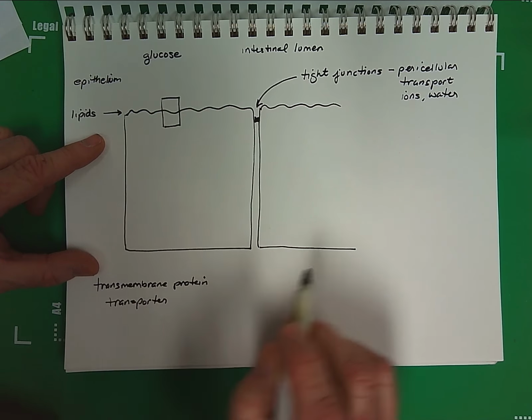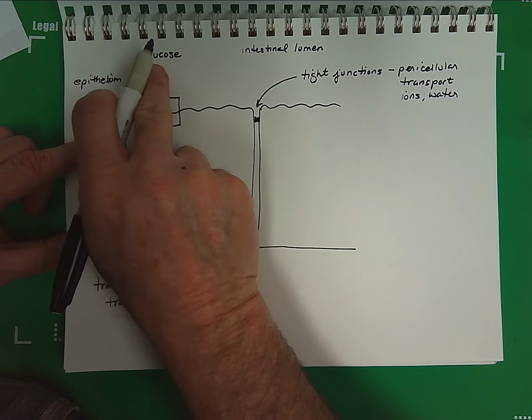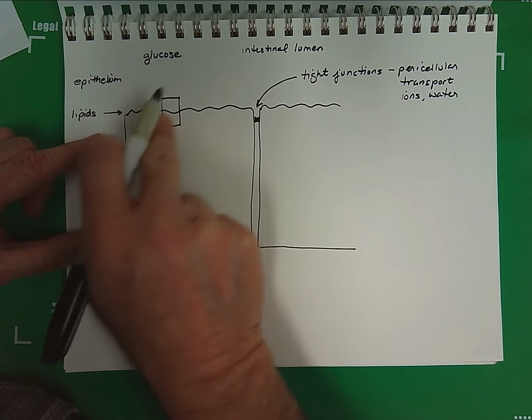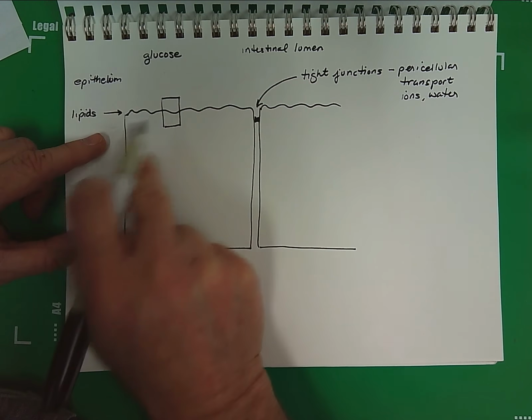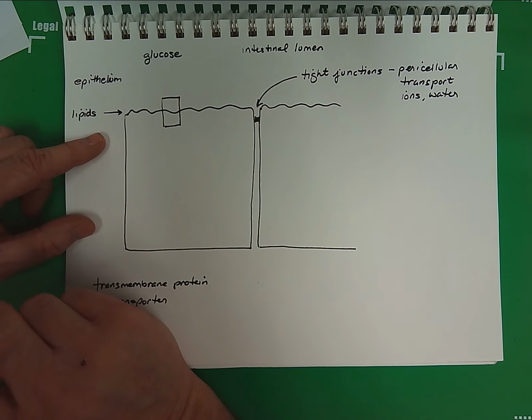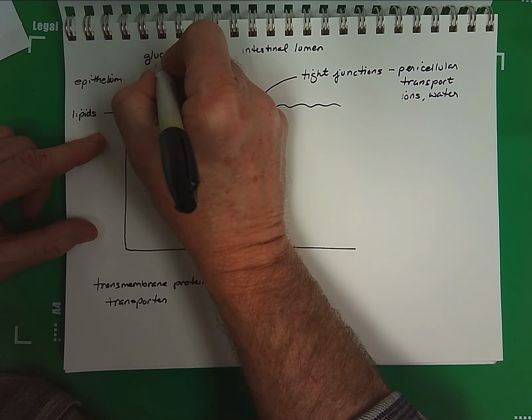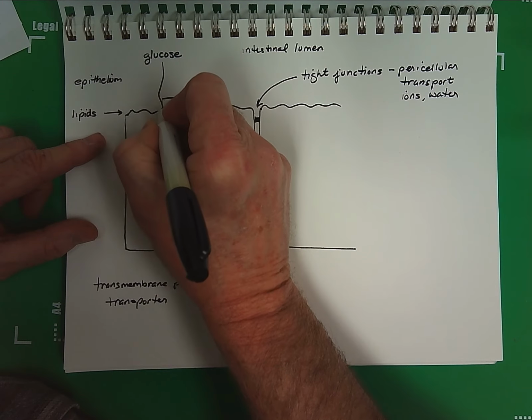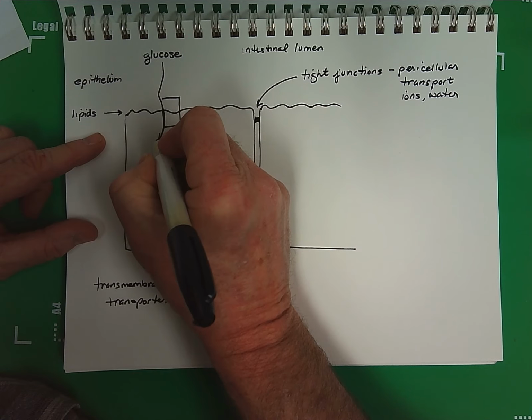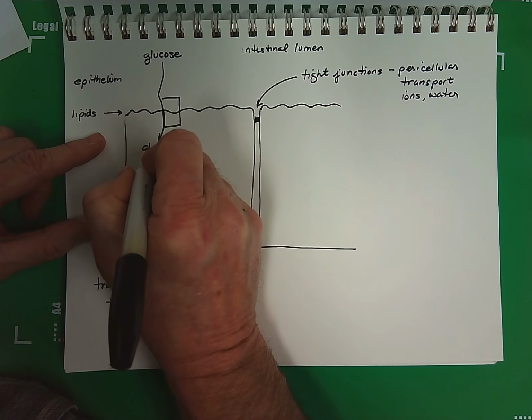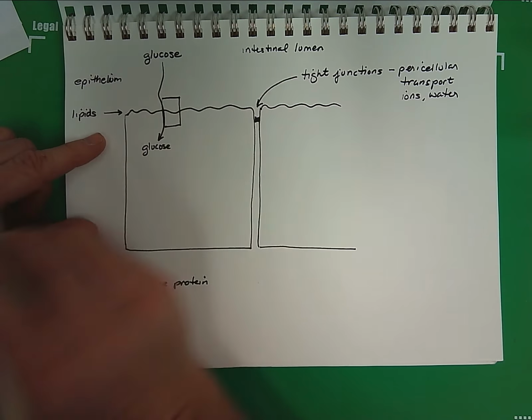Its function as a transporter will bring hydrophilic molecules across the hydrophobic barrier and into the cell. For example, glucose can be bound specifically by this transporter and transported into the cytosol of the cell.